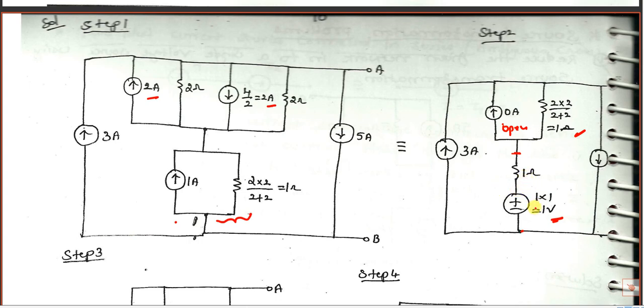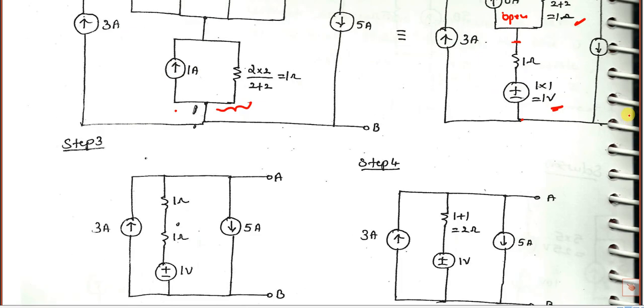This is 1 volt. And this is 0 amps, meaning it is open circuit, so you can just remove it. And this is 1 ohm in series. After that, this 1 ohm and this ohm are in series, so you'll have 2 ohms, and this is 1 volt.